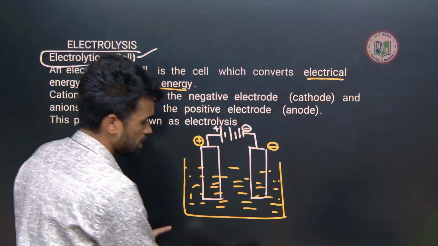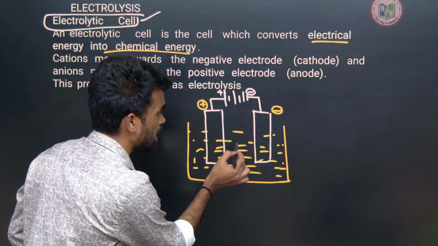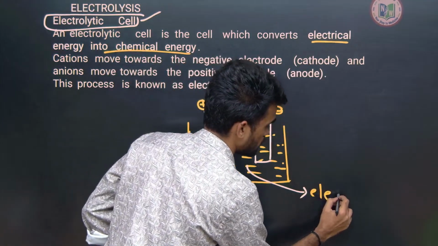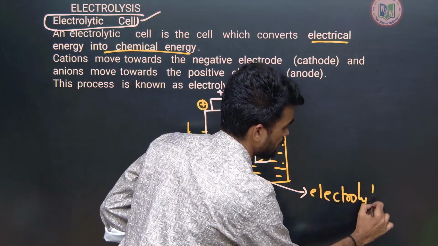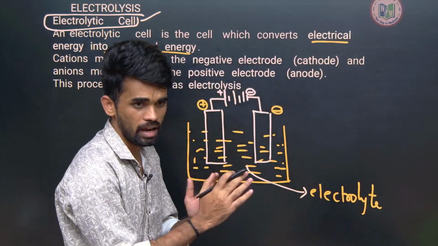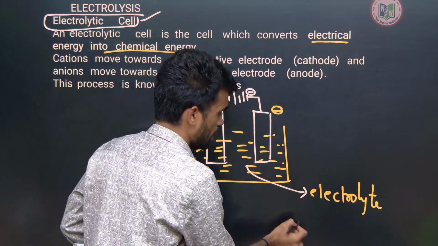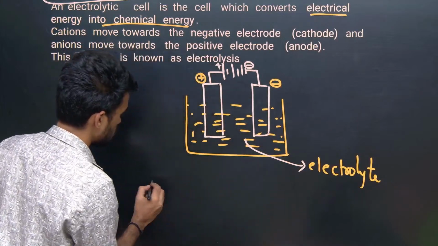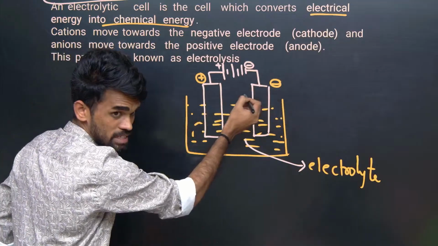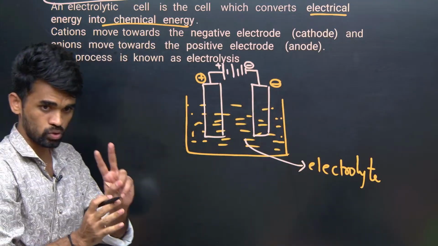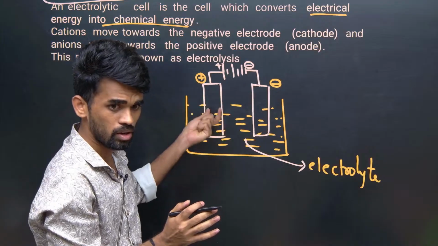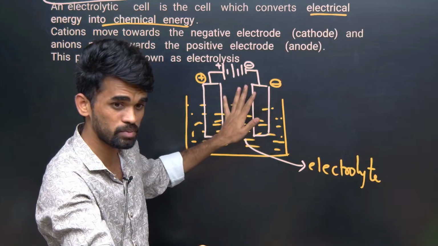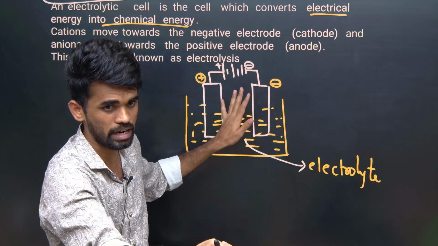Now in this there is an electrolyte, represented by the yellow color here. This electrolyte contains cations and anions. The electrodes are of two types, cathode and anode. We also have inert electrodes and active electrodes, which I will tell you about.